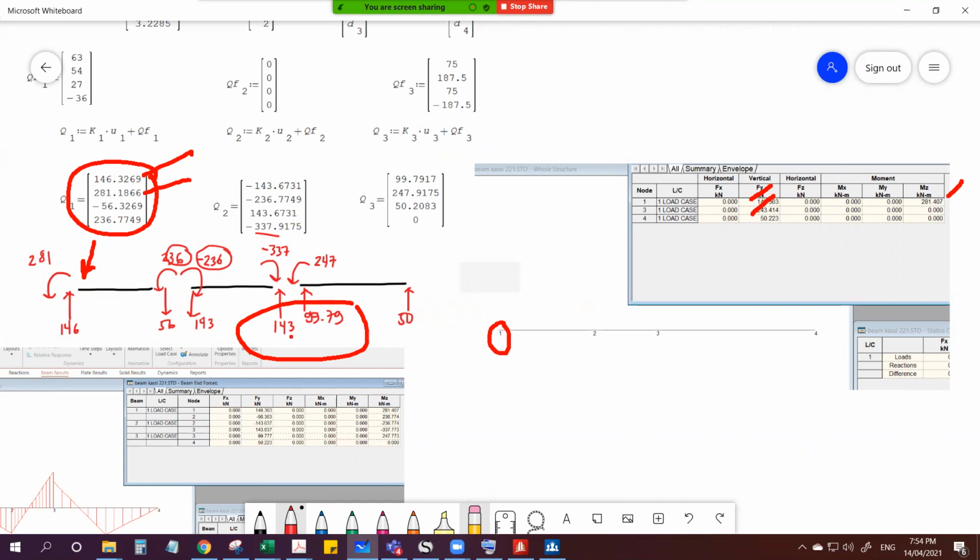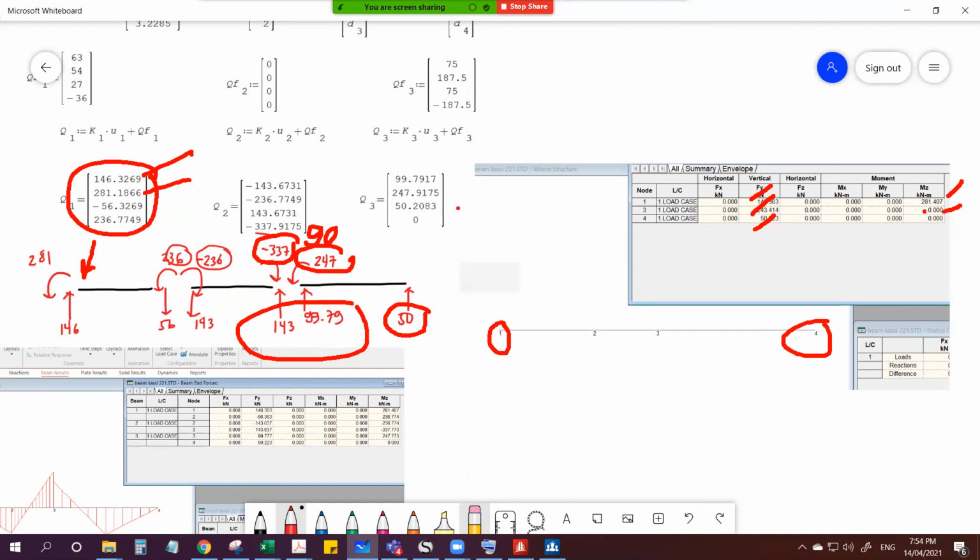So if you add up 143 plus 99.8, that's almost 243. And no moment. Remember here, you have negative 337 and 247. They didn't cancel out because remember we have an applied moment of 90. So that will cancel out. That will make this joint with zero moment. So 247 plus 90 is 337. And finally for node 4, this one, that's 50 kilonewton.